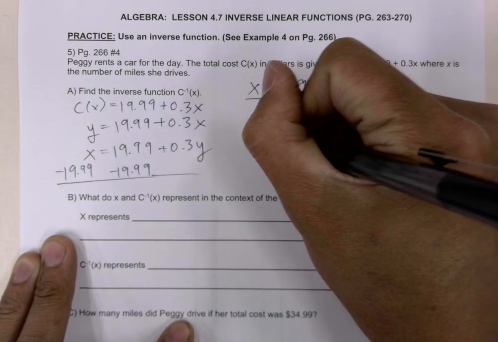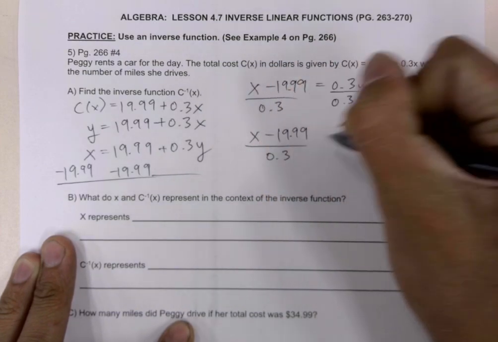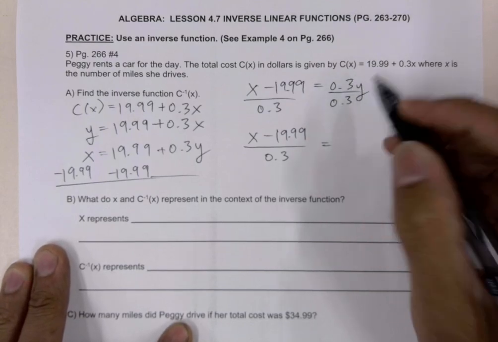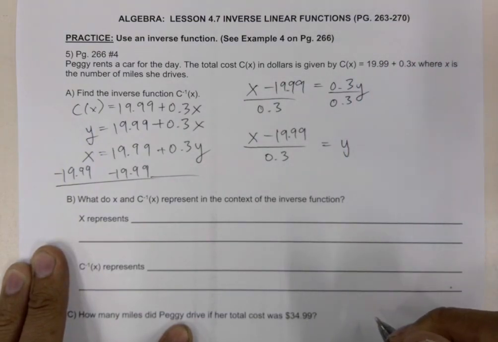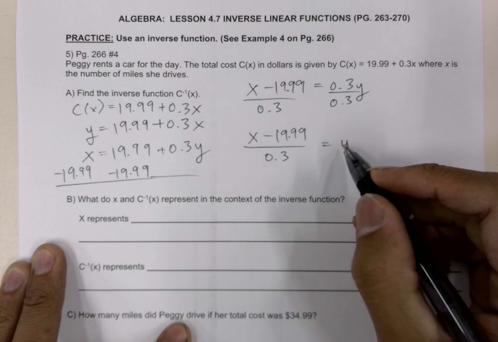So we're going to be left with x minus 19.99 over 0.3 is equal to 0.3 over 0.3 times y, which is 1 times y, which is simply y. So this here is our inverse function.